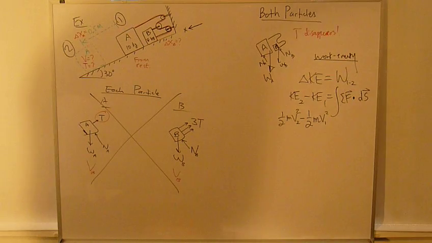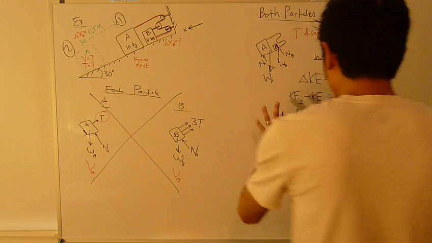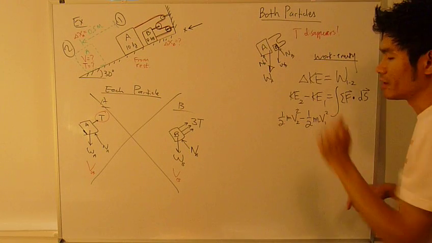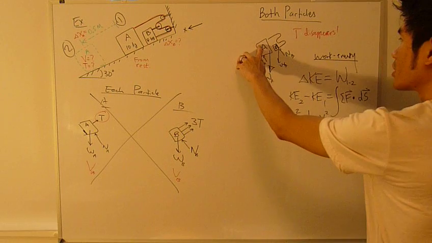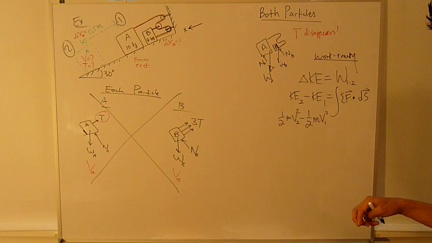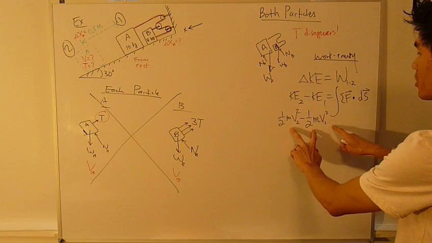And this change in kinetic energy term is the total, the sum for the system. My system now consists of particles A and B together, so you have to take into account both particles here.